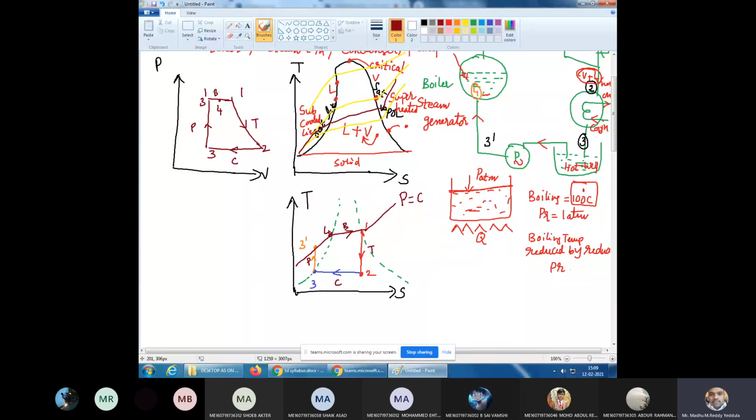See here, as I told, in the TS diagram these lines are called constant pressure lines. At this instant, this is a constant pressure line. Here P is equal to constant. That pressure is different. This is condenser pressure, and that is boiler pressure.